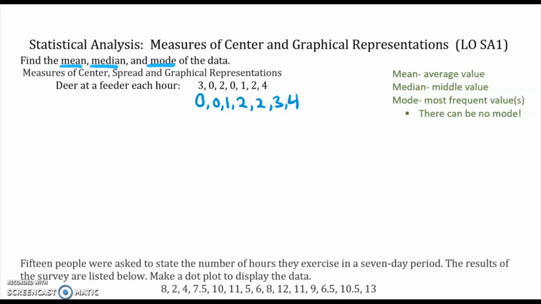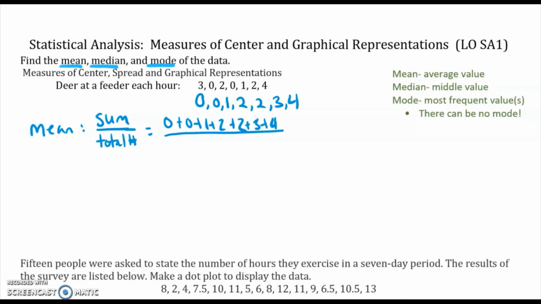So how do we find the mean? Well, the mean is, like I said, the average. So when you do the mean, you take the sum of your values and you divide it by the total number of values you have. So in this case, we're going to add up 0 plus 0 plus 1 plus 2 plus 2 plus 3 plus 4, and then divide it by the total number of values we have, which is 1, 2, 3, 4, 5, 6, 7.